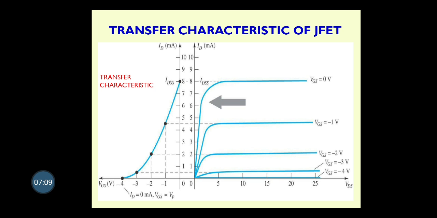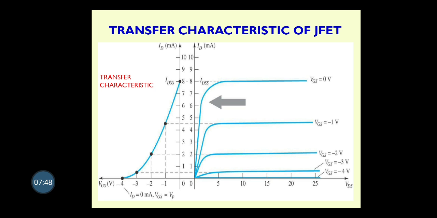When VGS is 0 you get maximum current, which is called IDSS current, and that current is spotted there in the transfer characteristic. You can see that as the VGS voltage is decreased, that is becomes minus 1 volt, the drain current ID decreases, and at one point when VGS becomes equal to the pinch off voltage, ID is approximately 0.